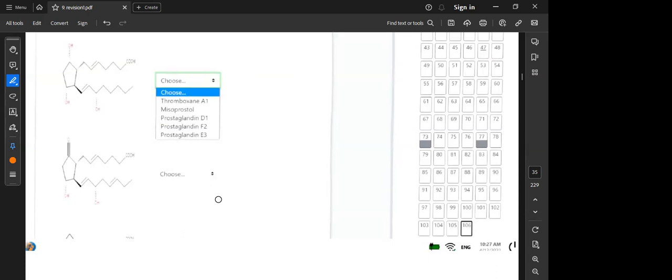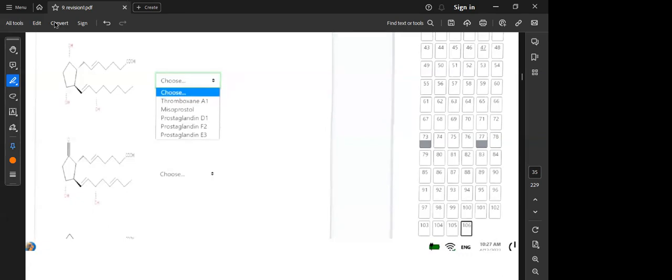Hey, what was the answer? What was the question? There's no question. I'm supposed to match. I think you're supposed to identify from this. We said the top is F2, and we knew that. You guys are reading.